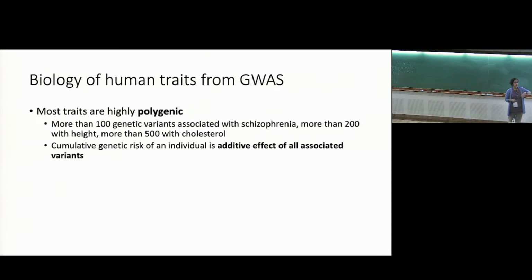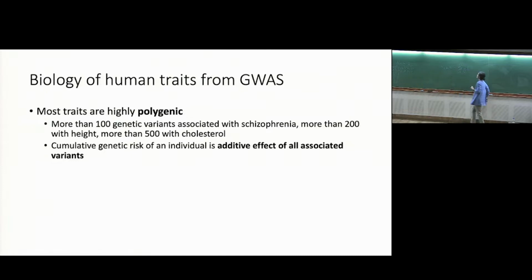So if there are these GWAS that have been conducted, based on those GWAS, I want to predict my risk of having high cholesterol levels. It's essentially the additive effect, right? So my genotype at those risk variants. Okay, does that make sense? This is my genetic risk.